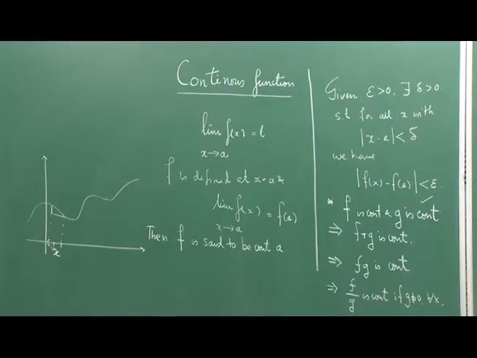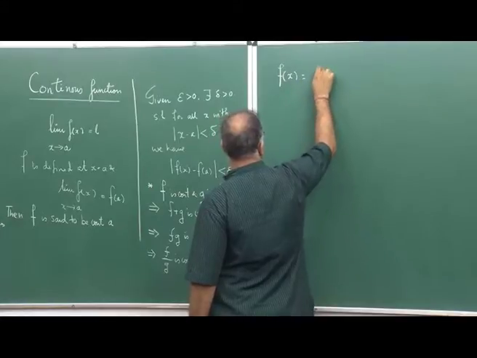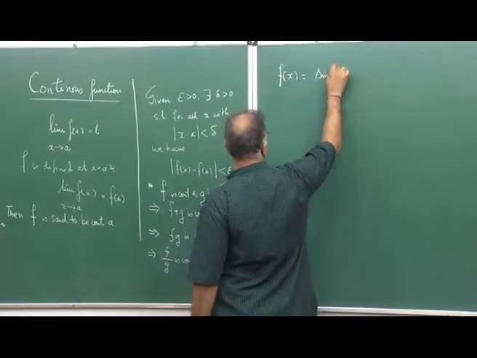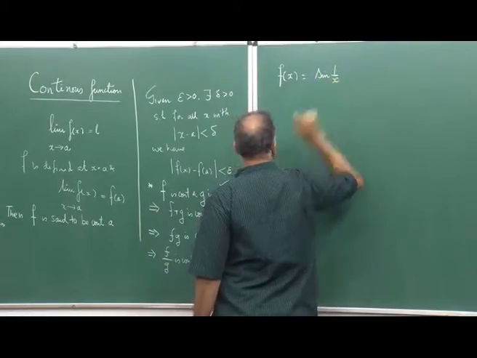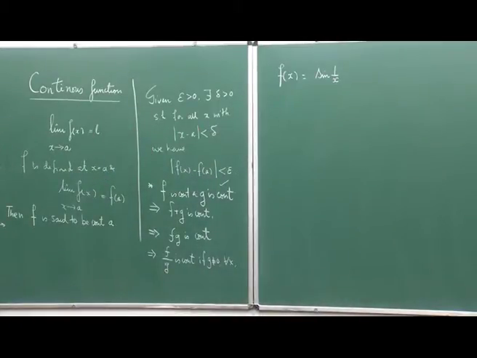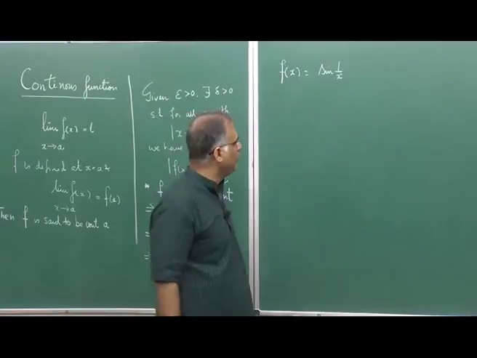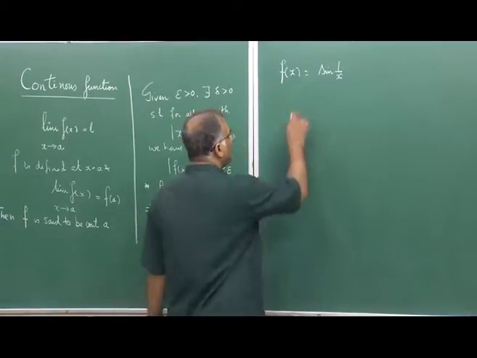Now, look for example at the function f(x) = sin(1/x). Is it continuous? Of course, it cannot be continuous at x equal to 0, because at x equal to 0 the function is not defined. Does the limit exist for it?